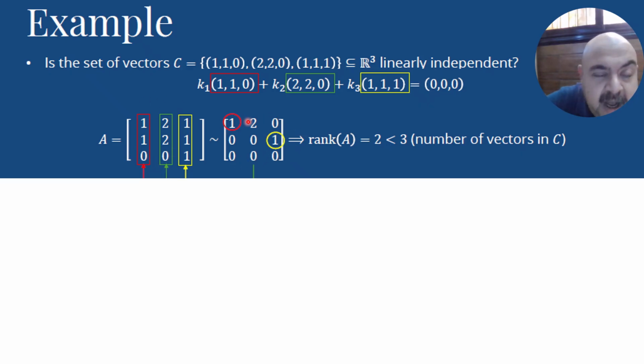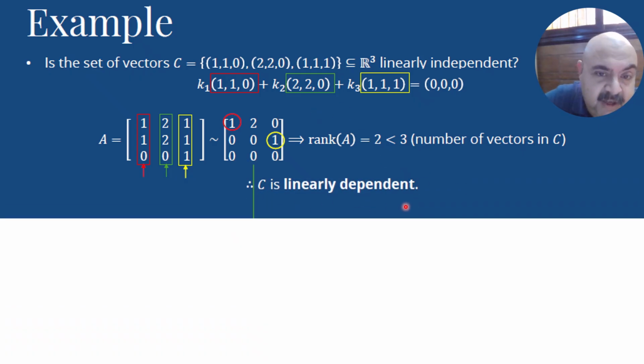But unfortunately, the rank is 2, and we have 3 vectors. So the rank is equal to 2, less than the number of variables, which means 2 things. First of all, it's a dependent system of equations, I'm sorry, of vectors. So this system of vectors is linearly dependent. Not just only this. Also, the pivot of the first column already exists, which is 1. The pivot of the last column already exists, which is 1.